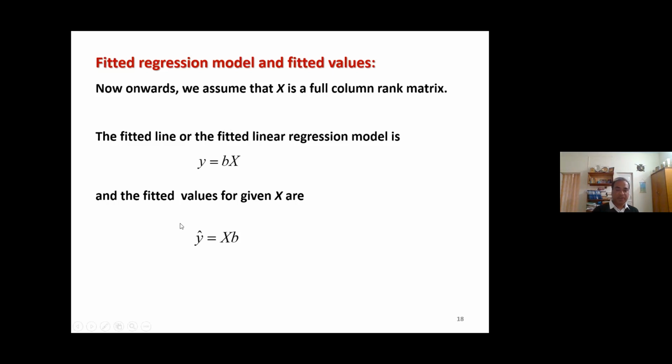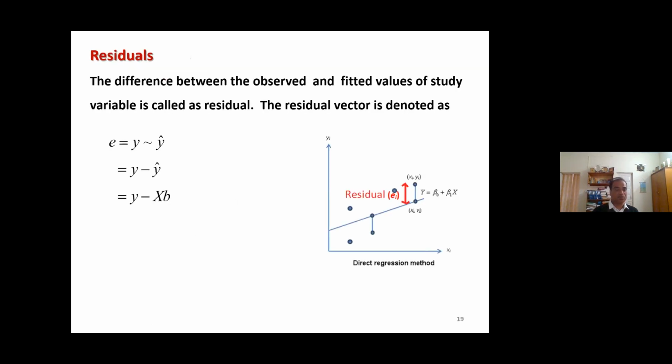Whatever values you took for x1, x2, ..., xk to obtain y1, y2, ..., yn, simply take those values of x1, x2, ..., xk and substitute them in the fitted model to obtain the values of y, and they are called fitted values. They are indicated by y hat. Right, so y hat is simply Xb, where X is given to us.